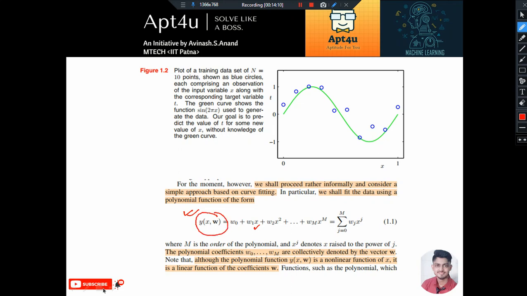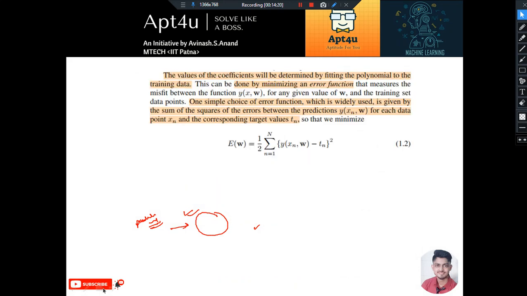This is nothing but the predicted value, which the model is predicting, and we have t, which is the actual value. So we'll find out whether the difference between predicted and actual value is very minimum or not, because our target is that the predicted value should be very close to this actual value. Only then can we say that yes, the model is following the pattern, isn't it.